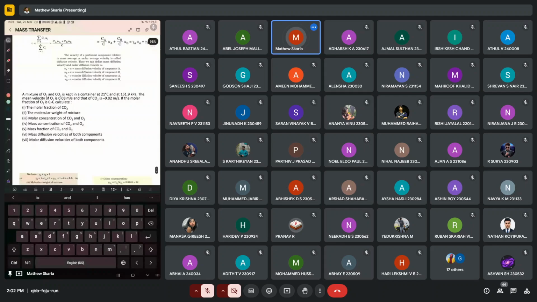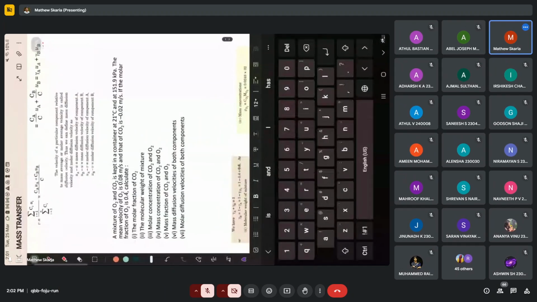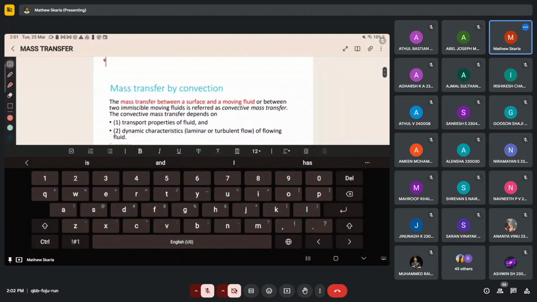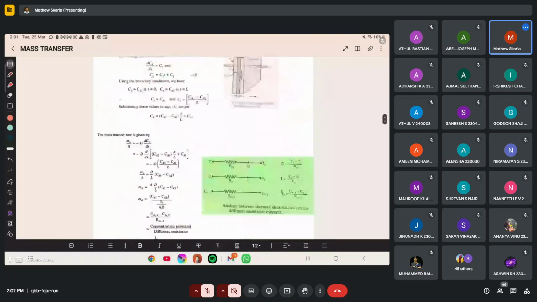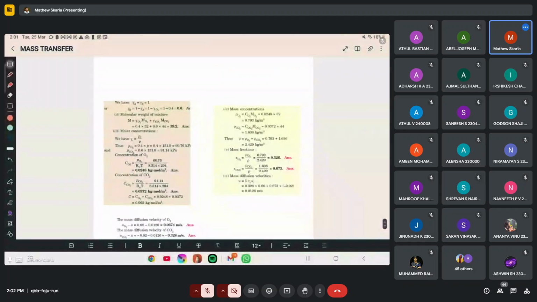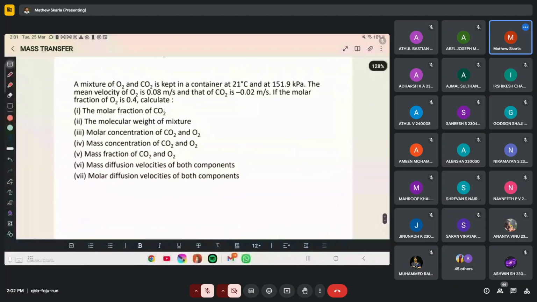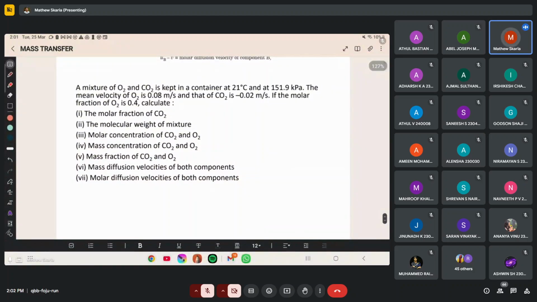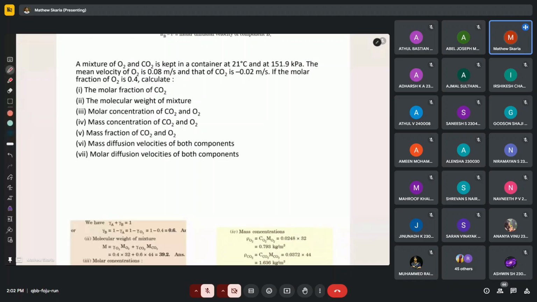See, in this problem, a mixture of oxygen and carbon dioxide kept in a container at 21 degrees centigrade and 151.9 kilopascal.